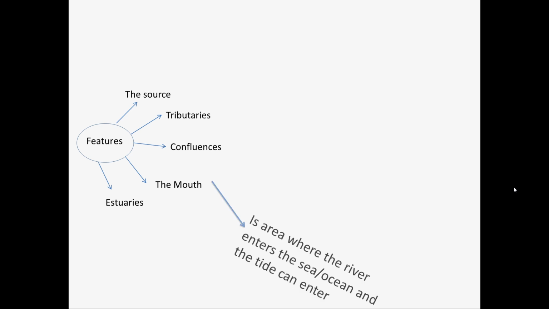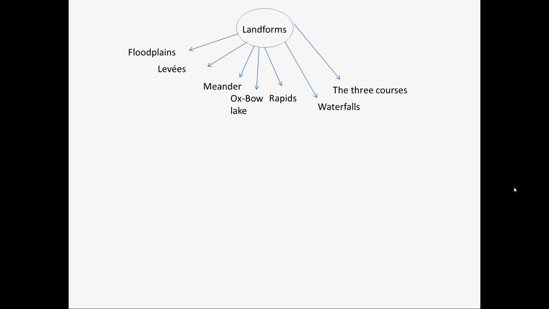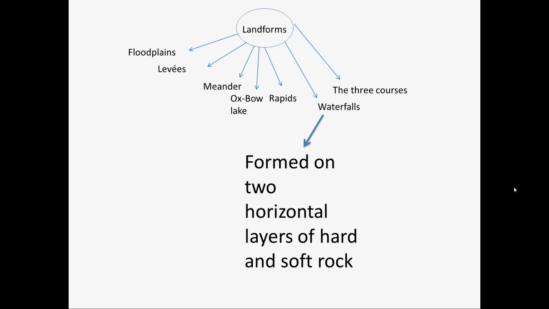So, landforms was the next subtopic we studied, and they were split into three parts, which are the three courses: upper, middle and lower. Quite self-explanatory, that one. In the upper course we had waterfalls, which are formed on two horizontal layers of hard and soft rock, and the water goes backwards as it gets eroded and eroded.